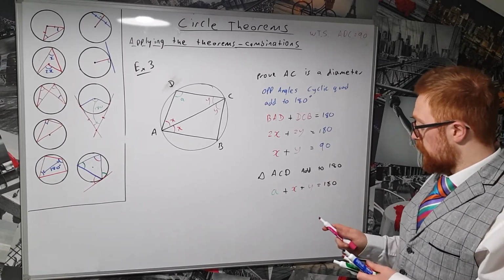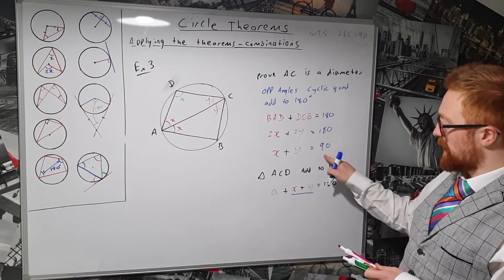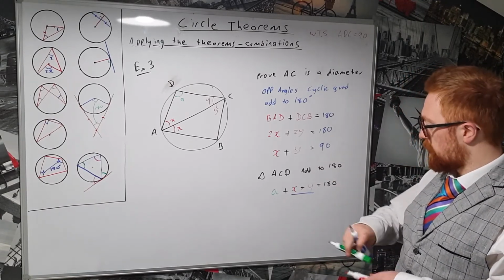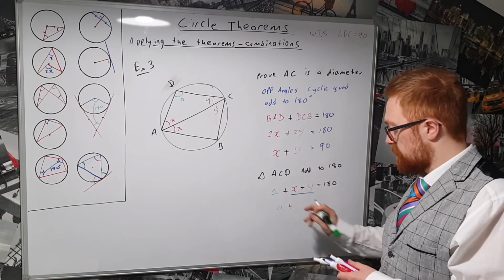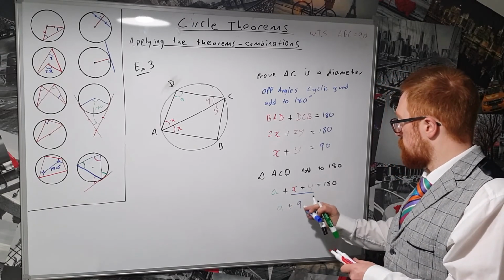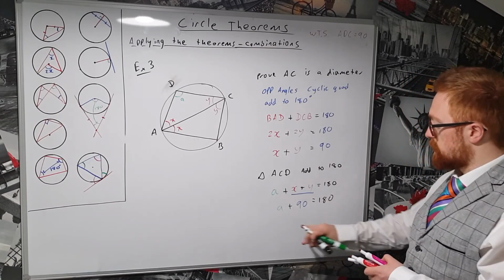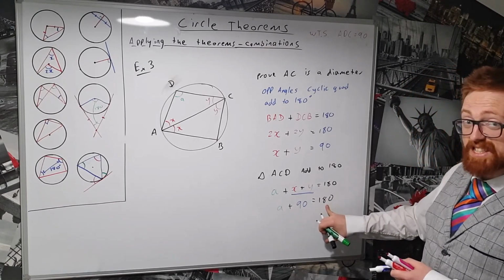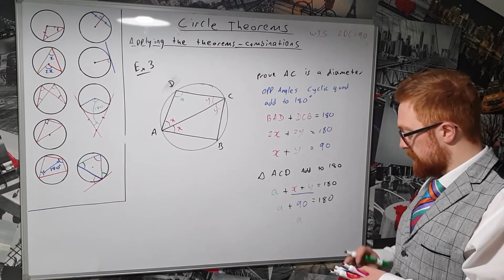But I also know that x plus y is 90. So now I know that A plus 90 is 180, which leads me to work out that A is 90. If I subtract 90 from both sides, that leaves me with A equal to 90.